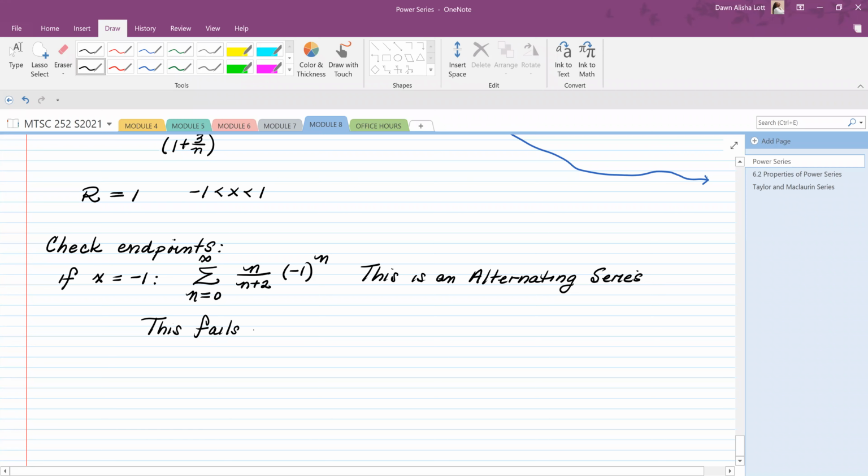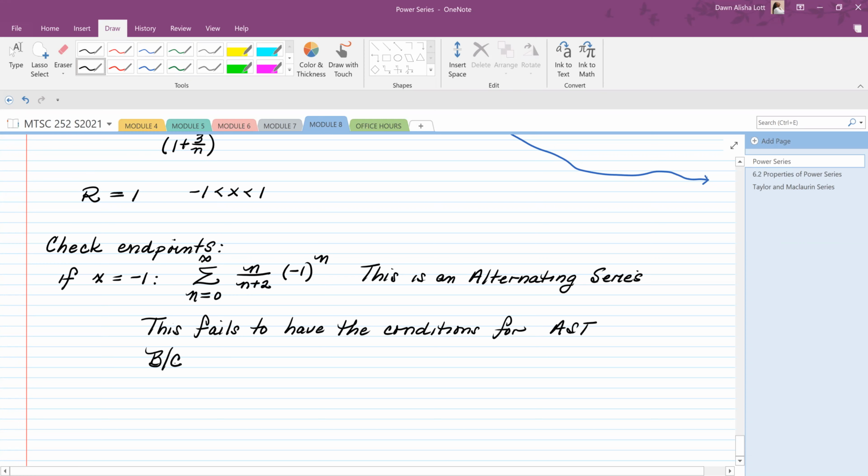So it fails to have the conditions for the alternating series test. Can anybody tell me right away why this is going to fail?